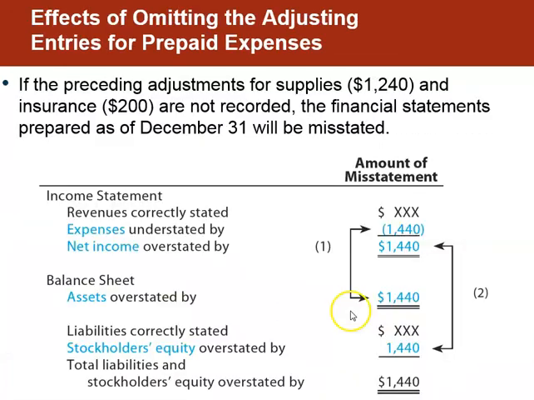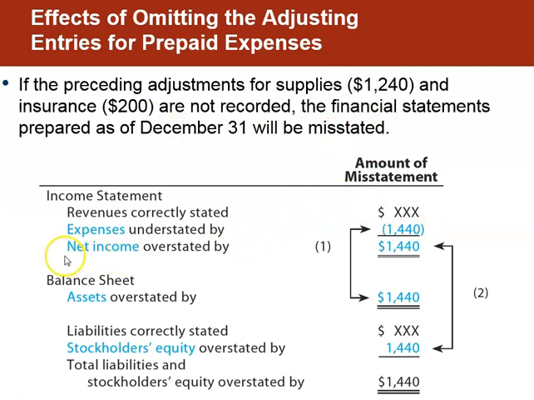Okay, so let's look at one more slide, and then I'll wrap this up. It says if the preceding adjustments for supplies of $1,240 and insurance $200 are not recorded, the financial statements will be misstated. Assuming that revenues are correctly stated here, expenses are understated by a total of $1,440, these two numbers added together.